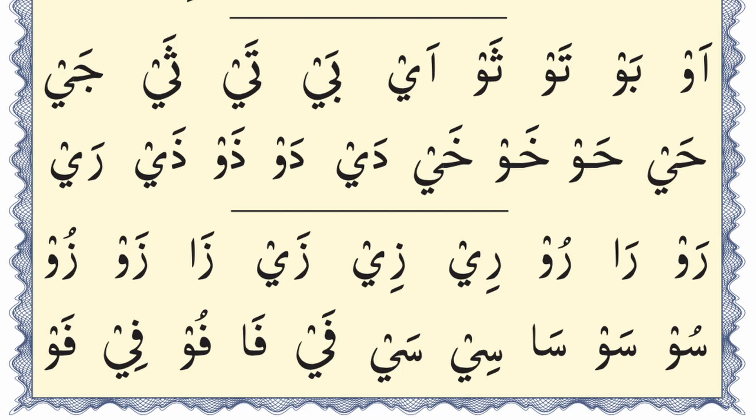For example, alif fatha and waw jazm, it will be read like this: au, bau, tau, thau. So you can imagine that waw jazm is equal to oo sound. So a and oo, when you read them together, it will be au, bau, tau, thau.